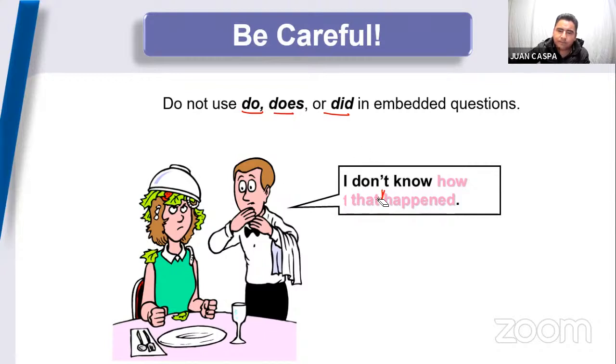We won't use that. Even if we're talking about the past, if we use this with the past participle, that's an embedded question, right? For example, something similar, I can say, I don't know why that happened also, right?